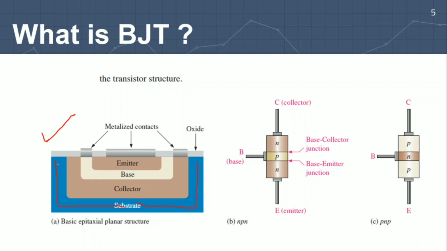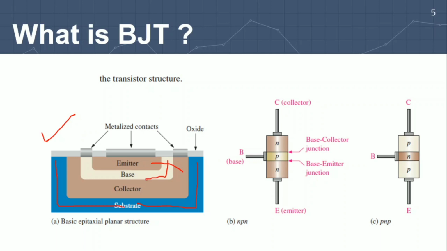This substrate layer is an insulating layer that holds the devices. It will not help for conduction. The next layer is the collector layer. Next is base and the next one is emitter. If you look at this diagram, you can see that emitter and collector are both the same color, indicating that they can be P-type semiconducting material or N-type semiconducting material.